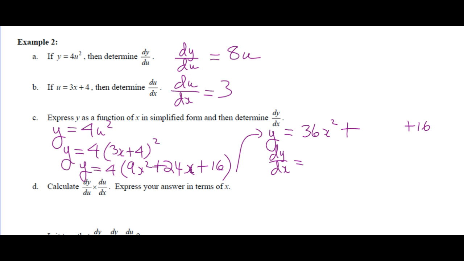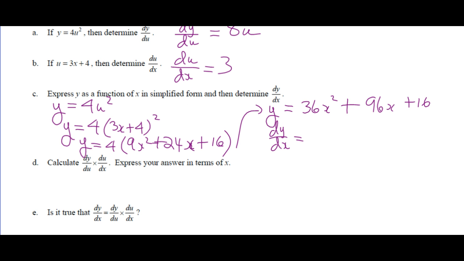So, okay, what's 4 times 24? 96. It's okay, we would have found out when we went to do the other one and said, wait, they're not the same. So what's dy by dx? Plus 96.